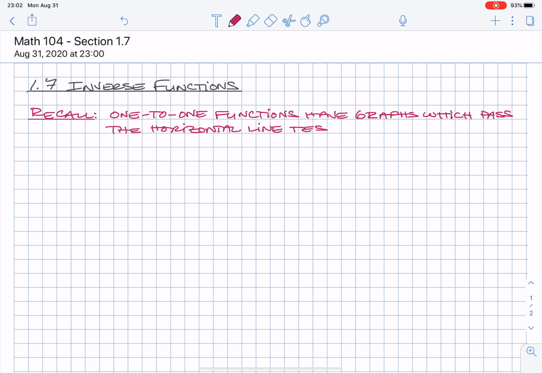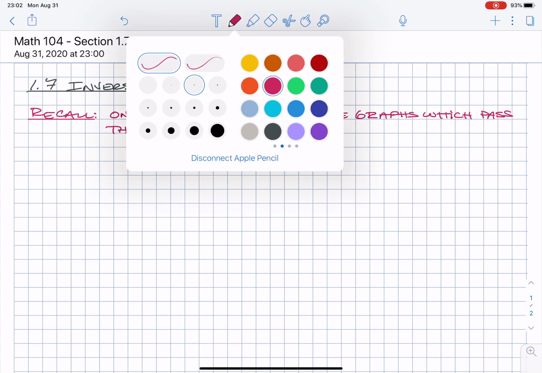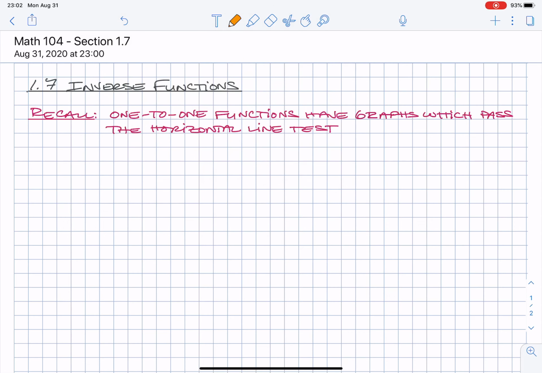Meaning a function is one-to-one if any horizontal line intersects the graph in at most one point.